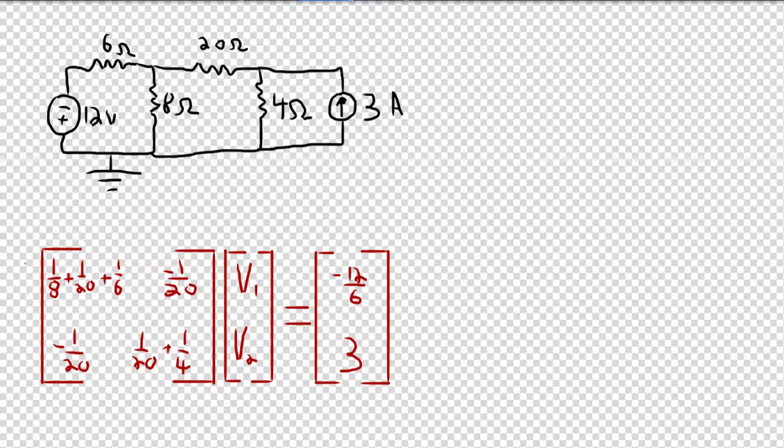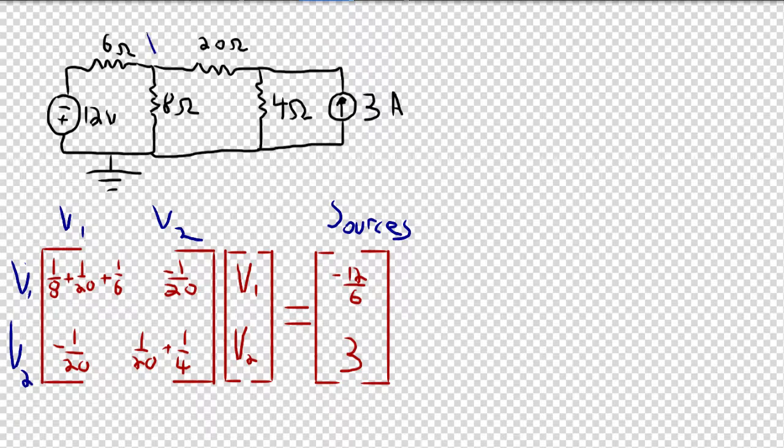So we can sort of think of these matrix equations as a table, or you don't have to, but it's a nice way to visualize it when you're getting started with this. So what I like to do is go V1 here, V2 here, and sources. And then V1 and V2 here.